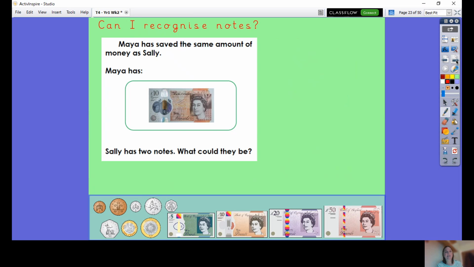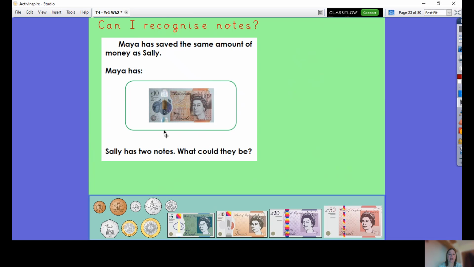Right, so let's have a little look here. It says here that Maya has saved the same amount of money as Sally. So Maya has £10. Sally has 2 notes. What could they be? Maya has a £10 note, and Sally has 2 notes. We need to work out what 2 notes added together will make 10. It can't be 10 and 10, can it? Because 10 and 10 make 20.